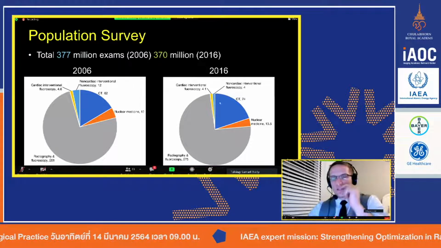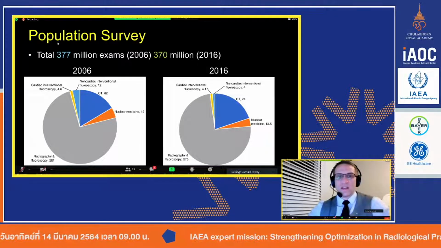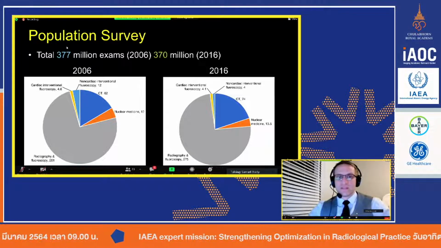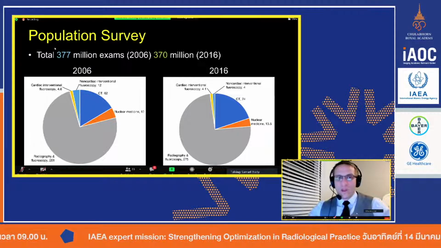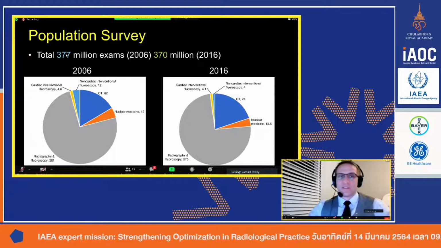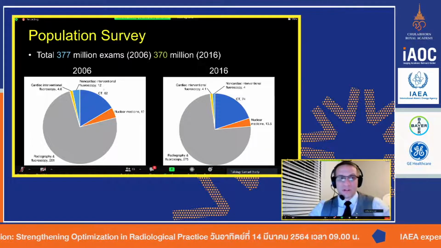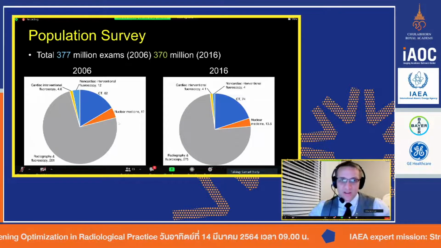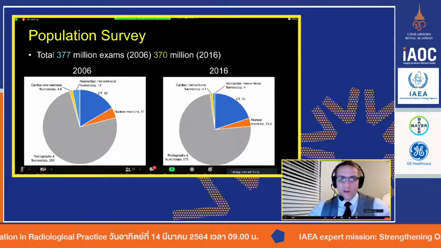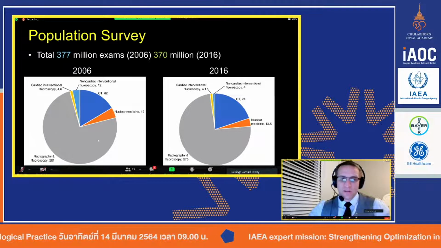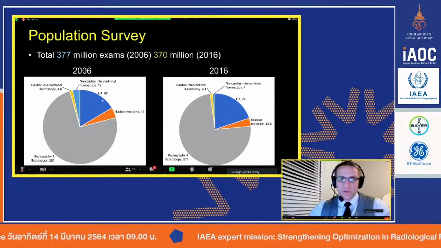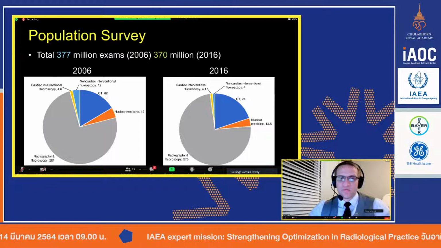And that's what the data is here. And so you can see up to 2006, we acquired in the US 377 million medical imaging exams. And it broke down mostly to 281 million planar radiography and fluoroscopy. CT, which of course is what we're talking about here, accounted for 62 million.